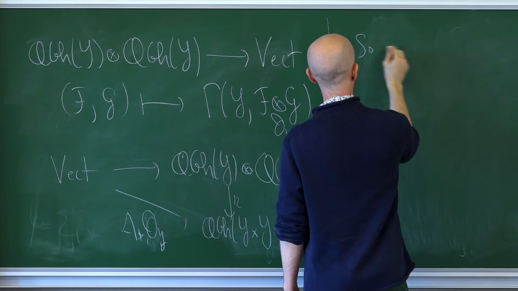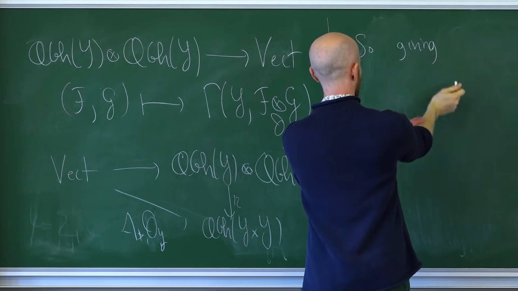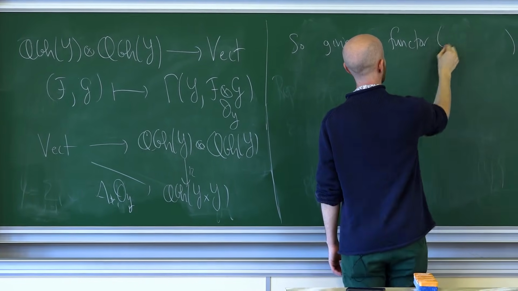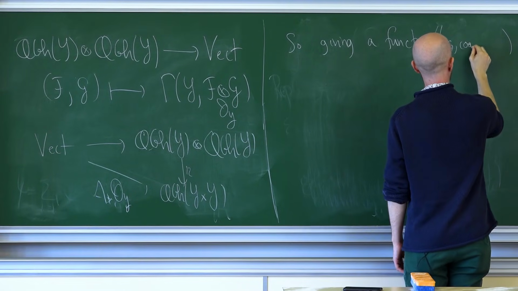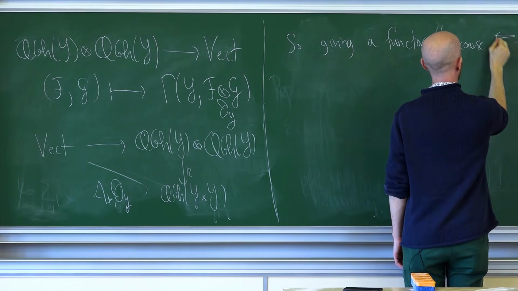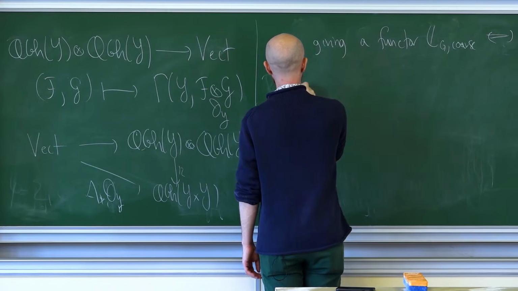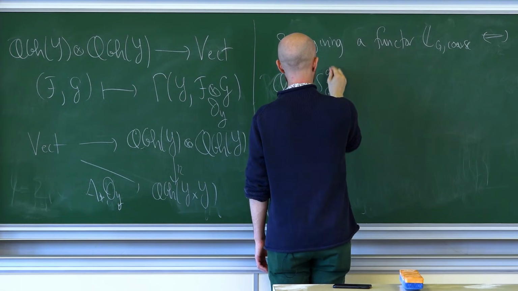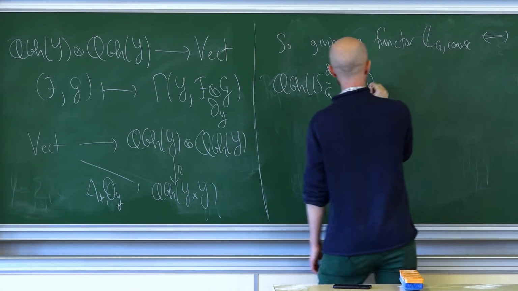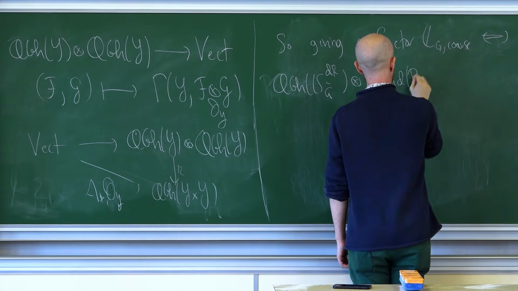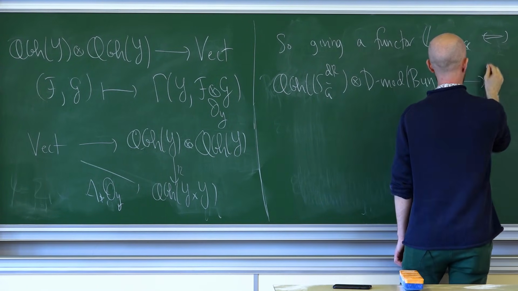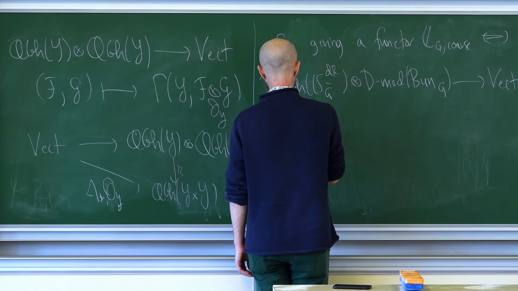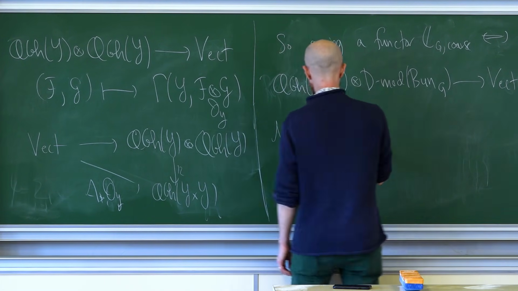What that means is that giving a functor L_G coarse is equivalent to giving a functor from QCoh of LocSys_G check de Rham tensor D modules on Bun_G to Vect. The one I'm going to choose is the following.